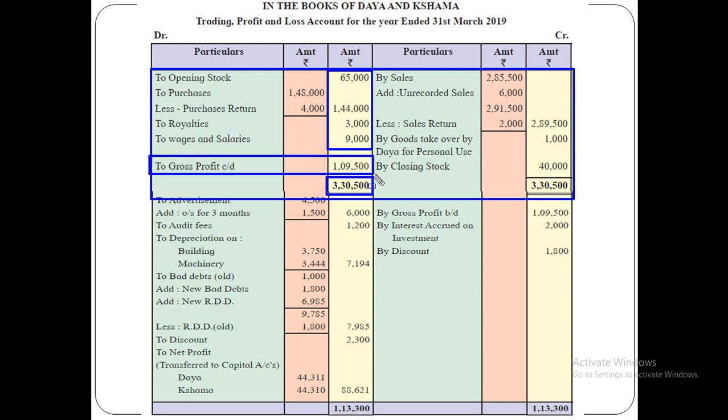This is our gross profit. So we have carried this down from the trading account and brought it down to the profit and loss account credit side.